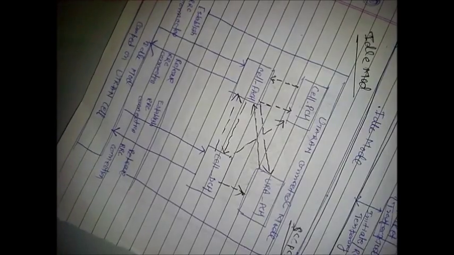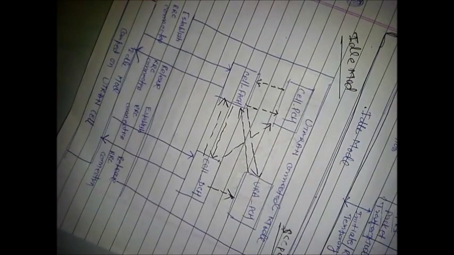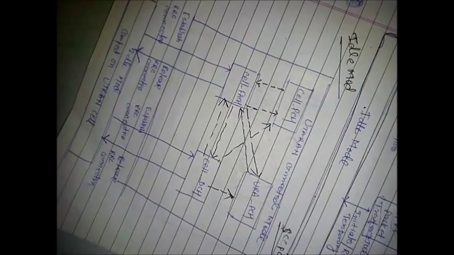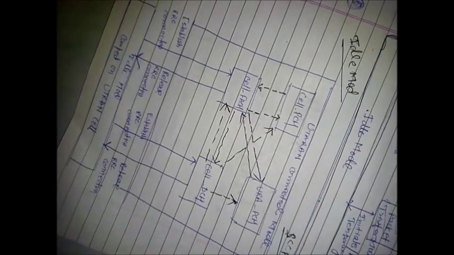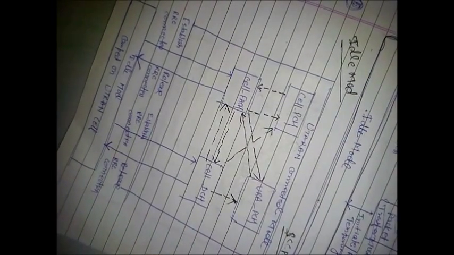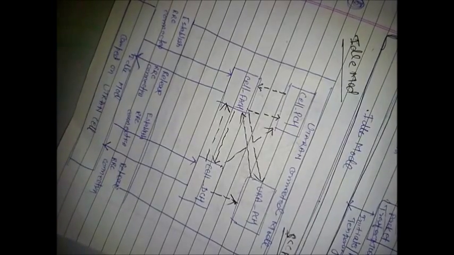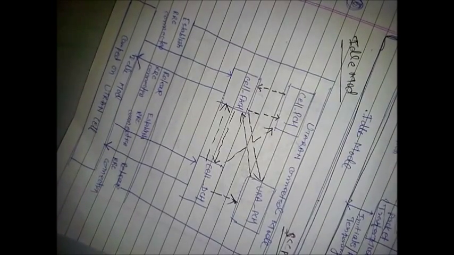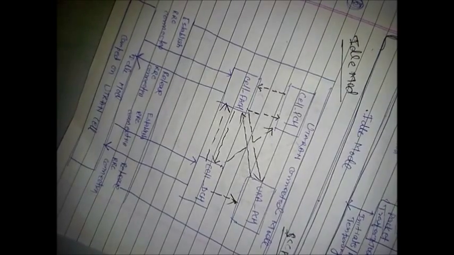Now we will see what happens in UTRAN connected mode when the UE is in idle mode and camps on different states: cell FACH, cell DCH, cell PCH and URA PCH state. First, in idle mode the UE does not have any active CS or PS call.